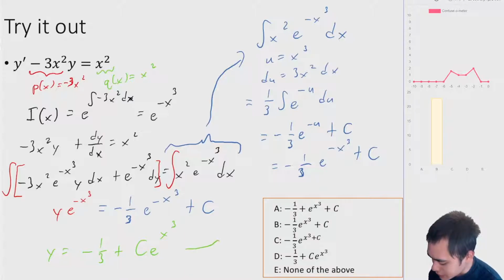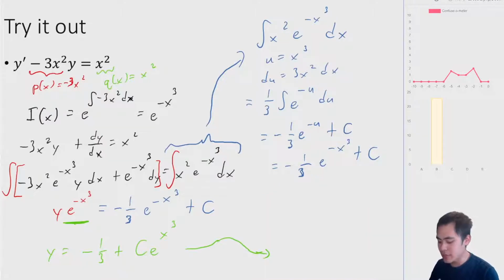And so the answer is actually D. The thing that I think most people forgot to do is multiply both sides by e to the x cubed in order to actually solve for y.